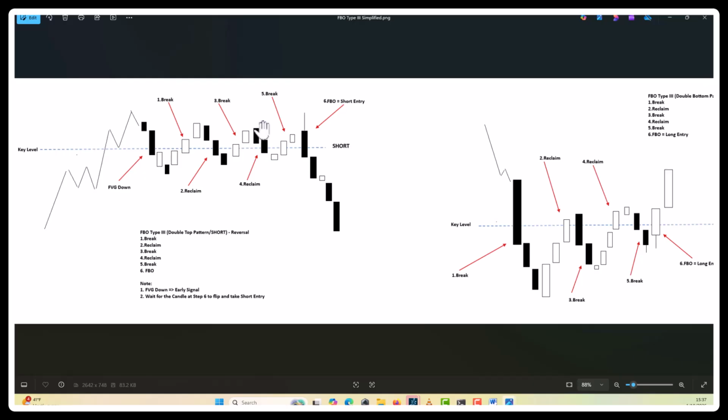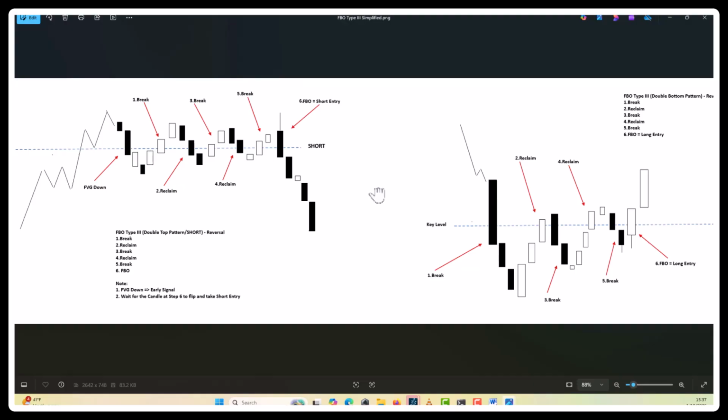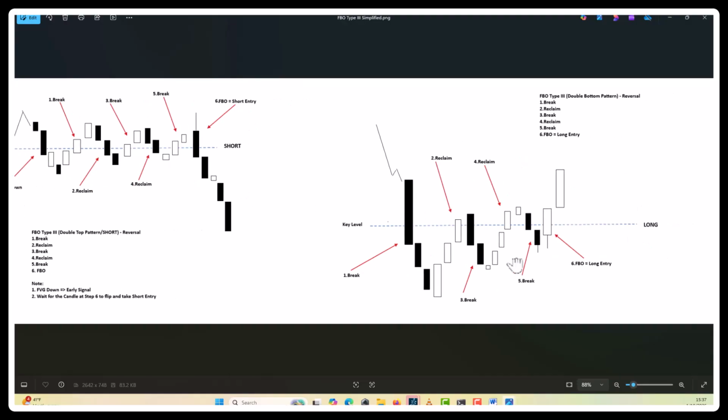We want to keep it easy and readable. We don't want too much drawing. So that's the reason why sometimes we skip the reclaim step, but for the definition of the setup, we put it all in there.